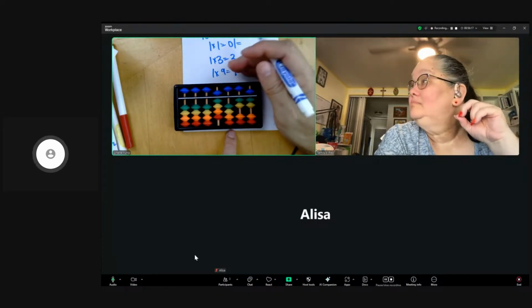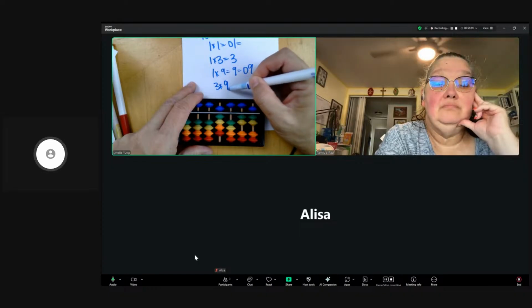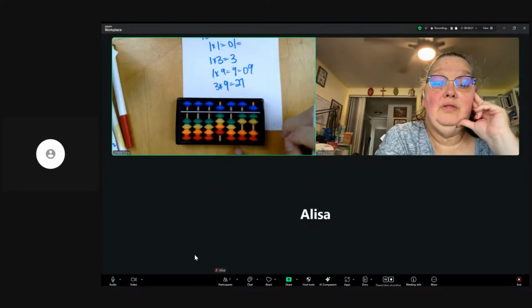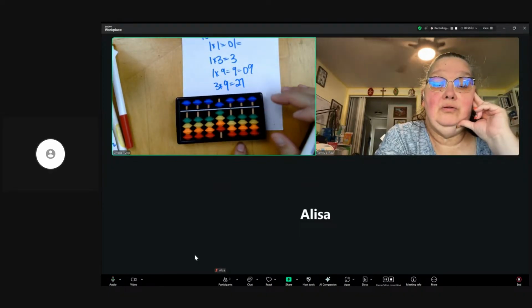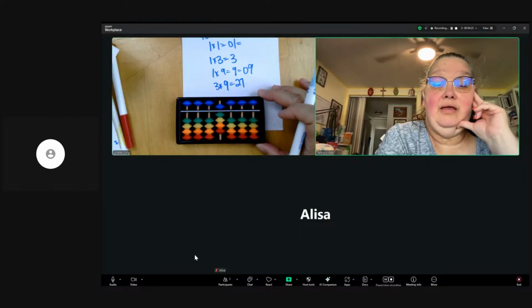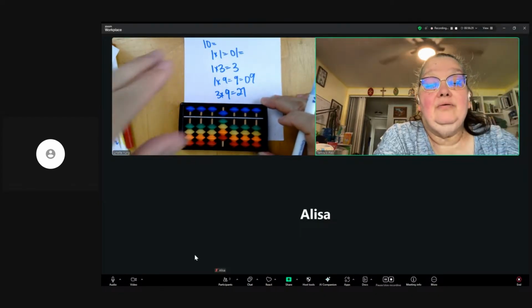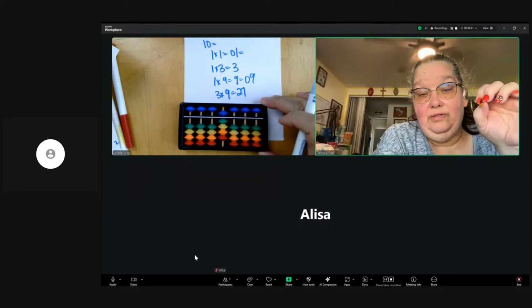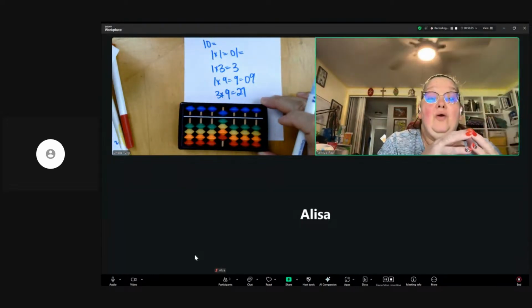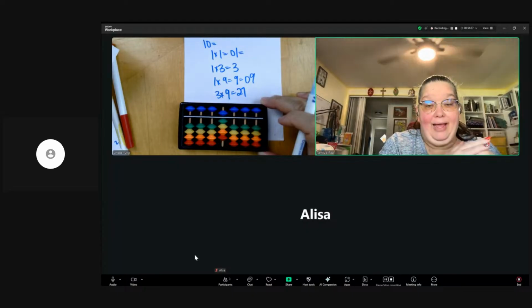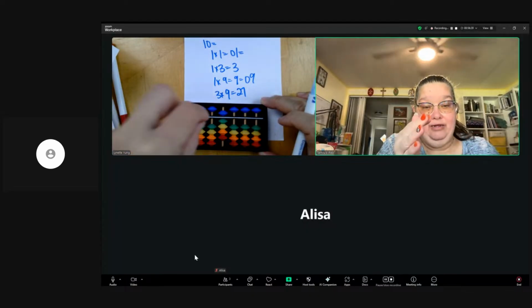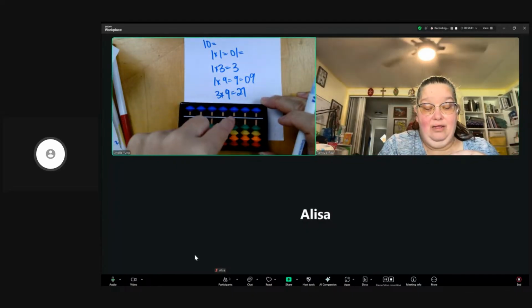And then we know 3 times 9 is equal to 27. So take away 20, take away 7. Yes, we add in the 100 again.